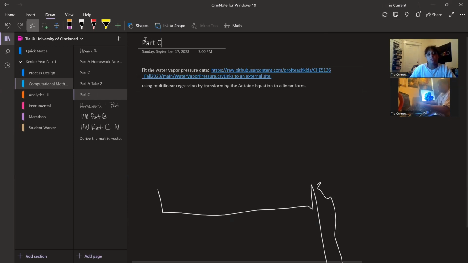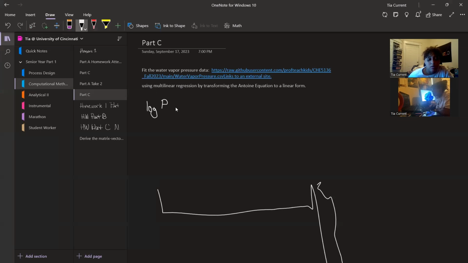Okay, so let's go over the Antoine equation first. So we're going to have log of P, log 10 obviously, is equal to A minus, I think it's minus, or it might be plus, and then it might be the minus under here.